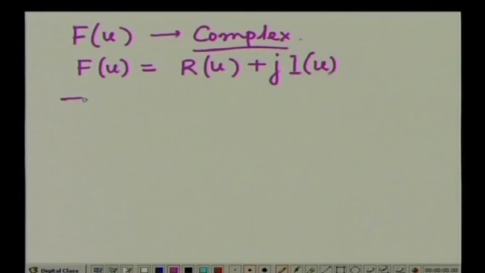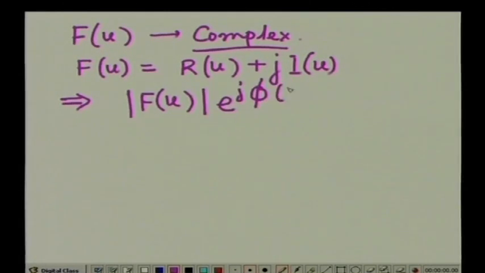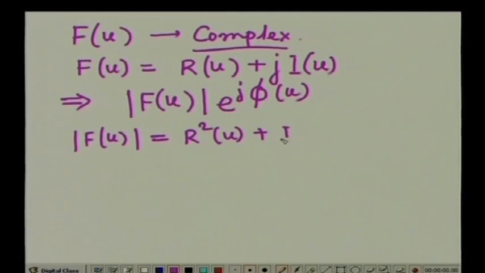Or the same F(u) can also be written in the form of modulus of F(u) times e to the power j phi(u), where the modulus of F(u), which gives the modulus of this complex quantity, is nothing but the square root of R(u) square plus I(u) square.